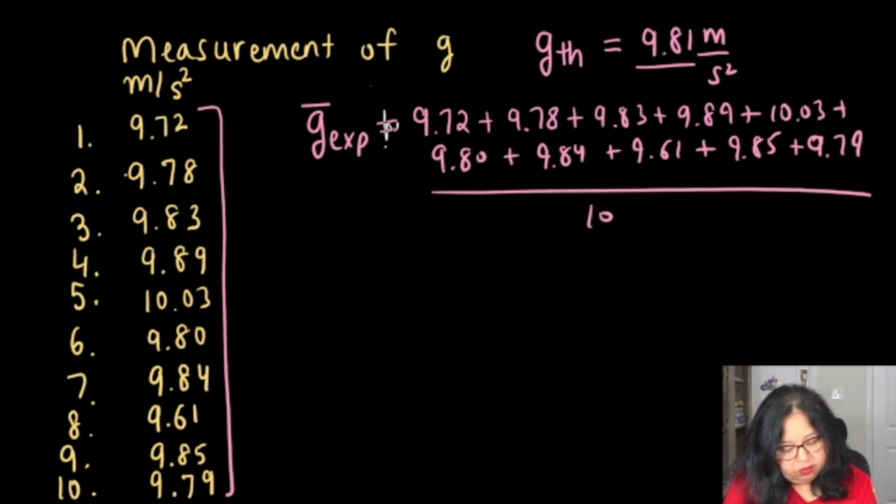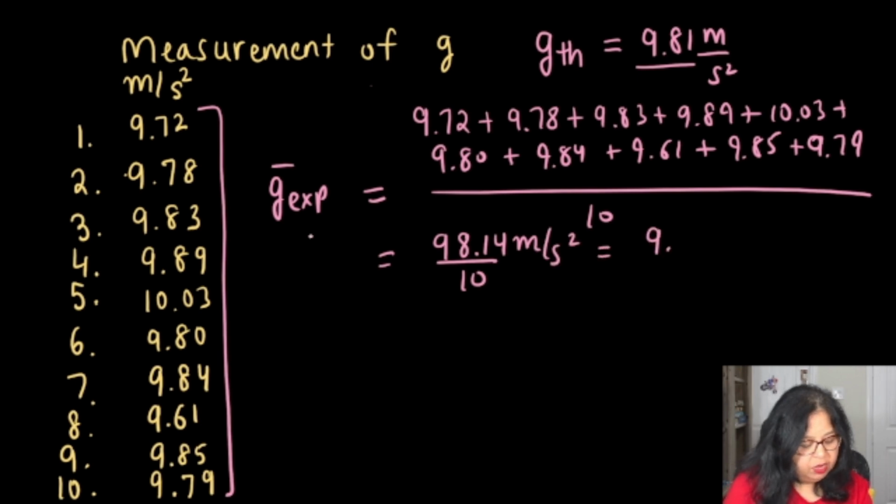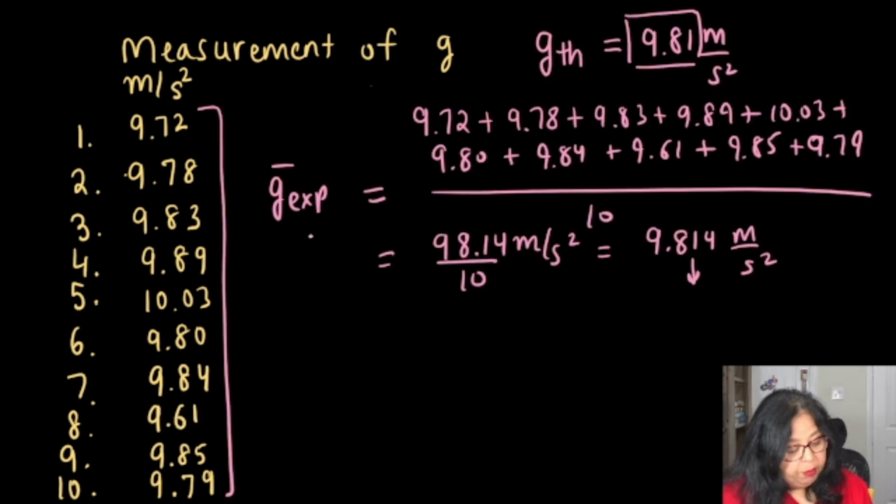What does this give us? That gives me 98.14 divided by 10 meters per second squared, which is 9.814 meters per second squared, rounded off to 3 sig figs because the theoretical value has 3 sig figs, so we get 9.81 meters per second squared.